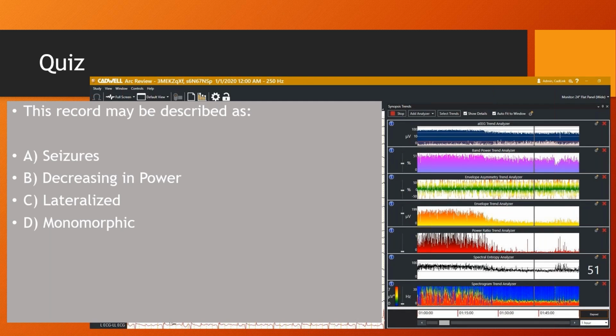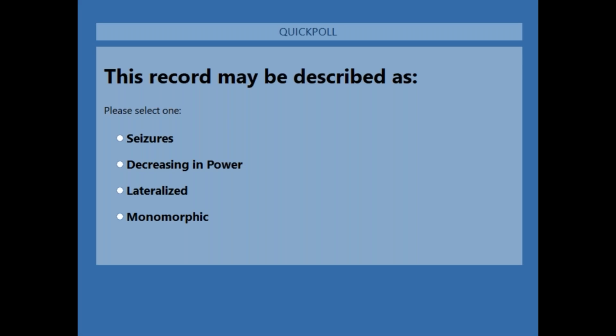Okay, another quiz for us. This record may be described as, and you can see the example of the record. Its polls are open. So first of all, I will say, we have some qualitative descriptions here. So seizures, well, gee, without the raw EEG, we cannot tell whether these are seizures or not.